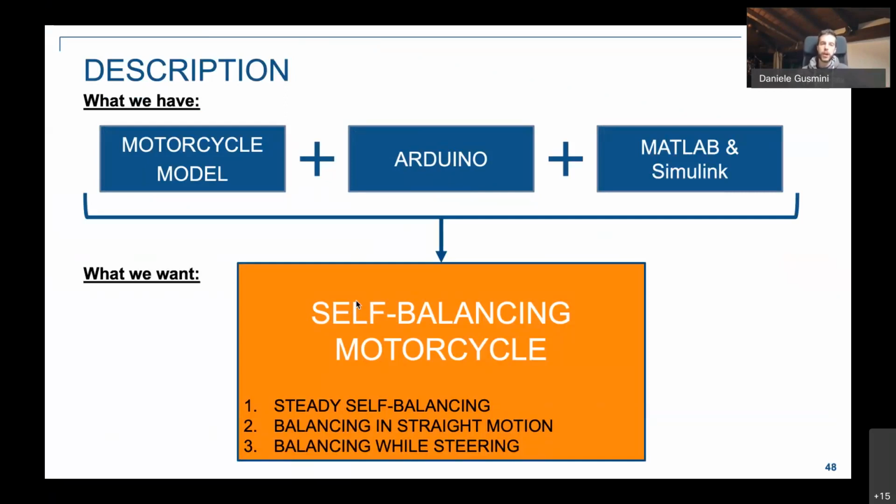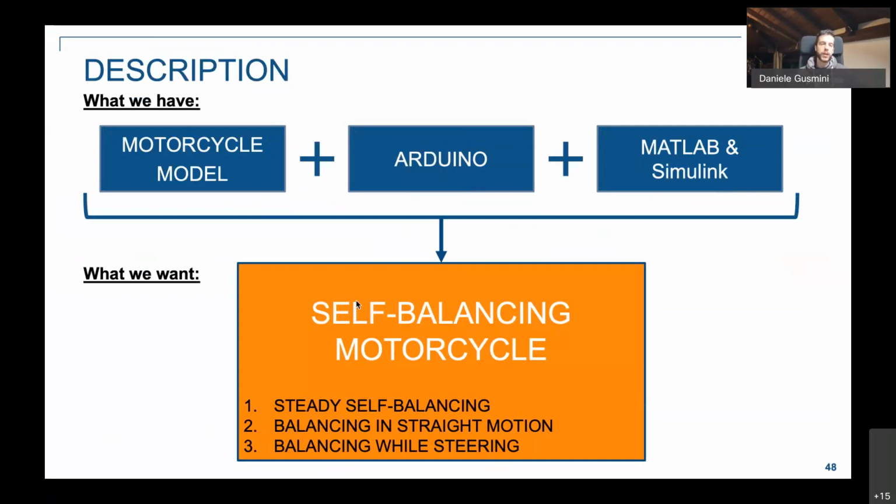So we want a motorcycle that is able to keep itself straight in the vertical position without the help, of course, of any external forces. There are three subpoints that we can develop under this main topic. The first is the simplest one, the steady self-balancing, so a simple balancing in place.